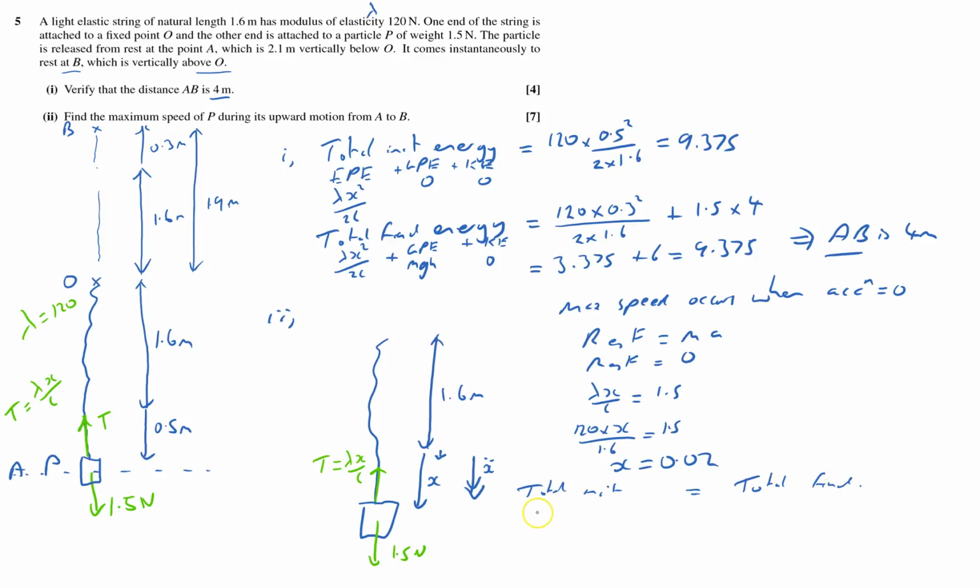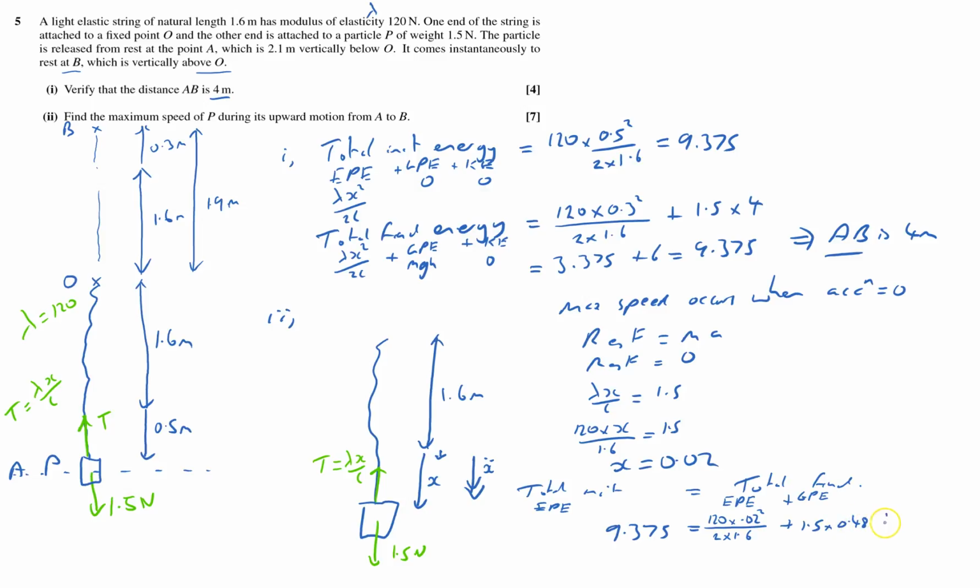The initial energy just has elastic potential energy, and that's what I worked out to start off with, which is 9.375, and that equals a total final energy, which is elastic potential energy, lambda 120 times the extension squared, so it's 0.02 squared, all over 2L, that's 2 times 1.6, plus the GPE, which is plus 1.5, that's the mg, times the h, and the h has gone up by 0.48.